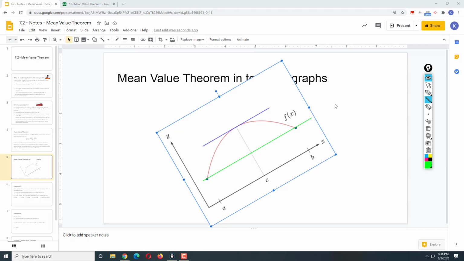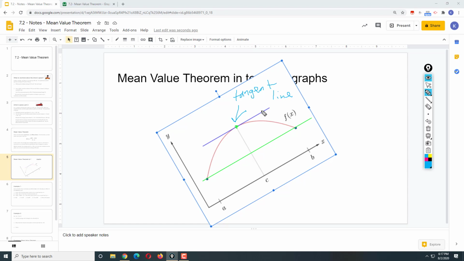But that doesn't change the fact that at some point c between a and b, our function at c must have the same slope as our secant line. In fact, this graph draws the tangent line for us. The tangent line makes it more clear what our instantaneous rate of change at x equals c is.